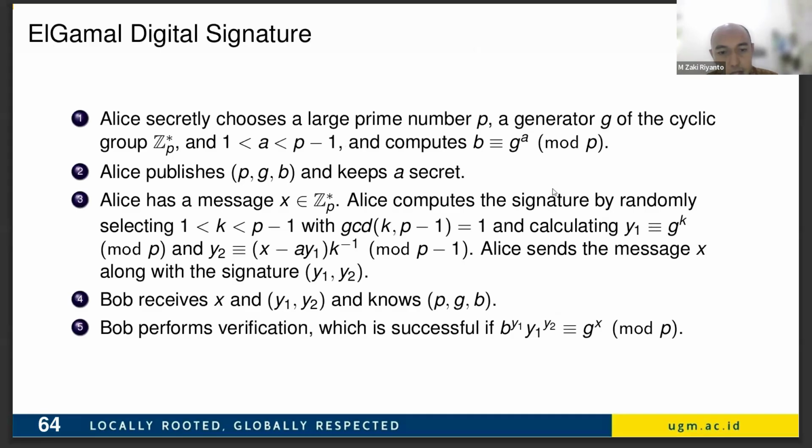Okay. And same as the RSA crypto system, the ElGamal crypto system can be modified into a digital signature, and the digital signature scheme is given below like this. So Alice wants to send a message to Bob, and Alice wants to sign her message. So Alice creates the public key and the private key.